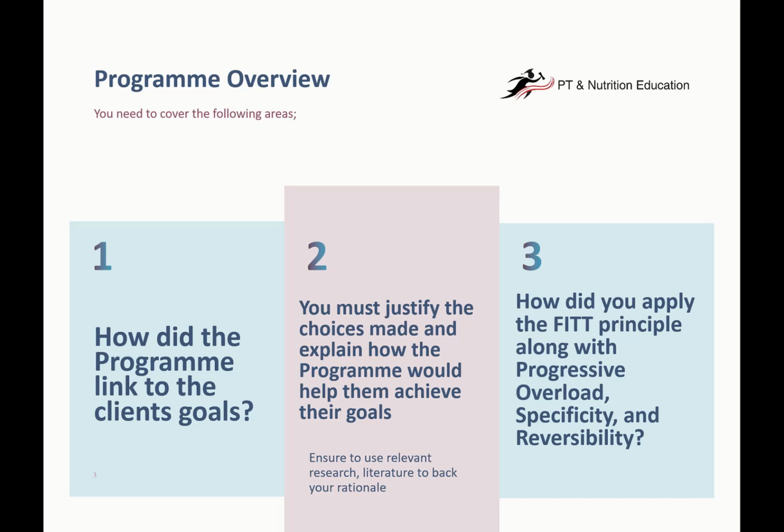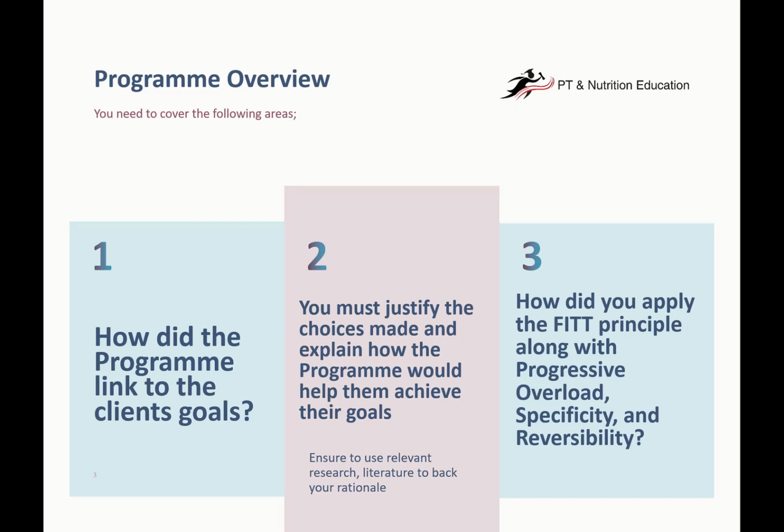When we're talking about referencing, if you've been to university, you'll be well aware of a referencing system, but we've provided a whole host of different peer-reviewed papers in the resources below this video. So please do feel free to look at the topics that we provided and whether or not they match your client goals and therefore your program overview.